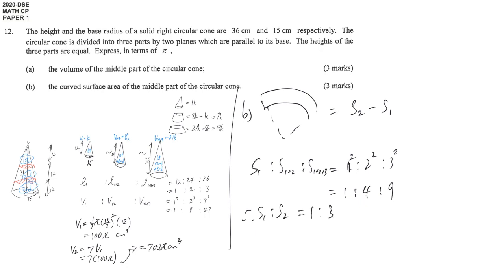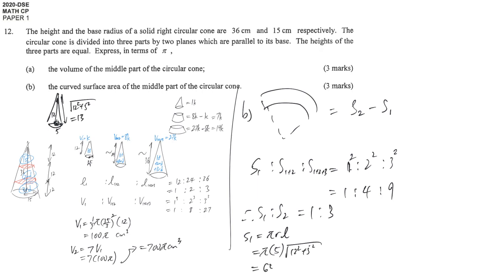And then for the curved surface area, we start calculating from S1. S1 is equal to pi r L, referring to the smallest cone. The height is 12 while the base radius is 5. The slant height by Pythagoras theorem is the square root of 12 squared plus 5 squared, which is 13.